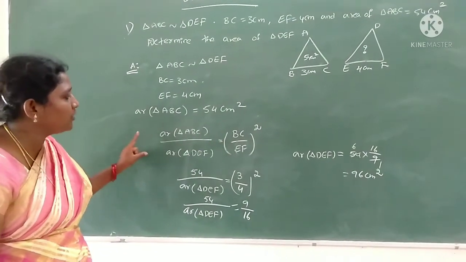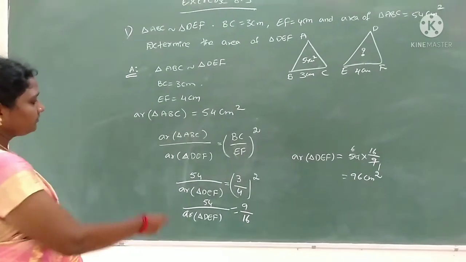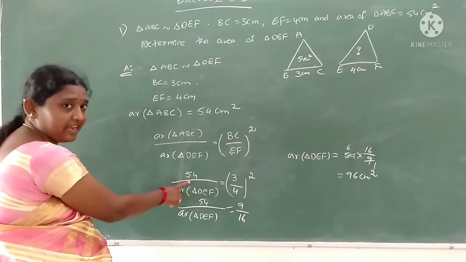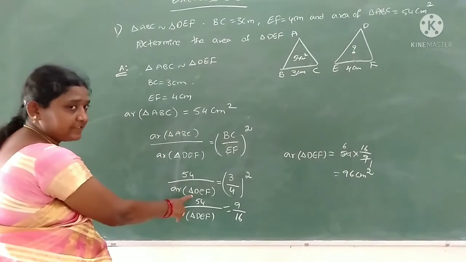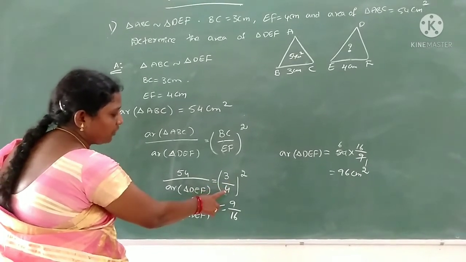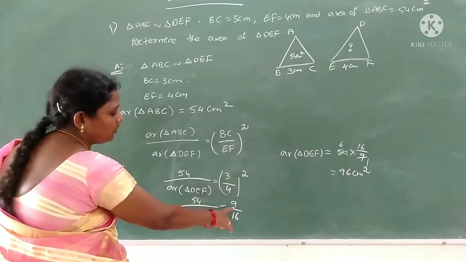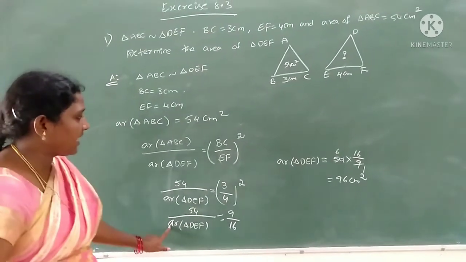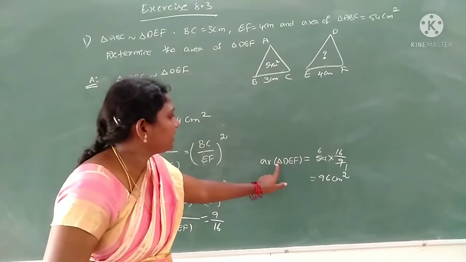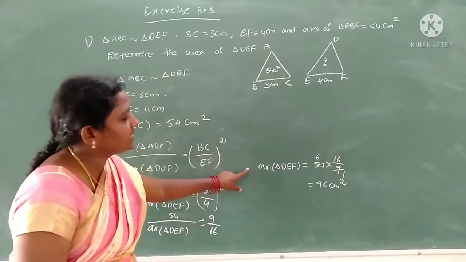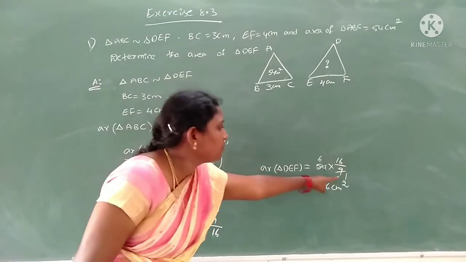Substitute the values in the formula. So area of triangle ABC value 54 by area of triangle DEF equal to 3 by 4 whole square. 3 square value 9, 4 square value 16. Write the area of triangle DEF equal to 54 into 16 by 9.